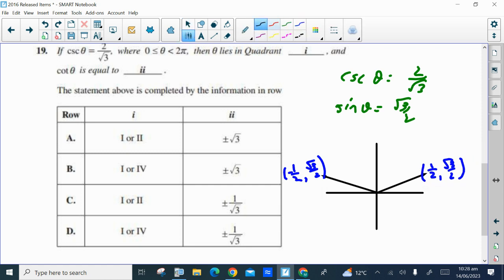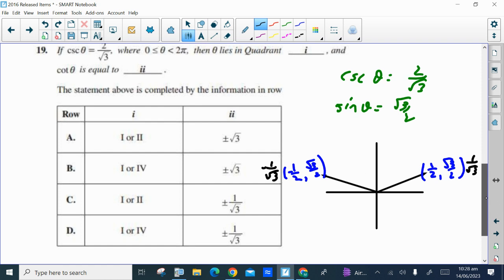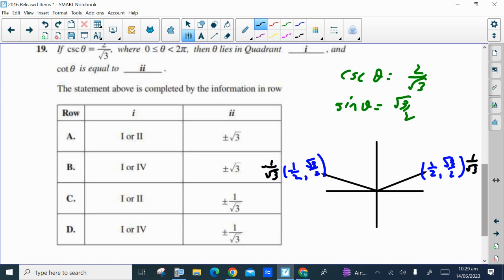So if I do the tangent in black, it was positive root 3 over 3. And let's back up a little bit, because that actually came from 1 over root 3. And the reason I want to write it like that is because we actually want to say what the cotan is. So the cotan would be the reciprocal, which would be positive and negative root 3. So again, we have to be in quadrant 1 or 2, and the cotan is positive and negative root 3.